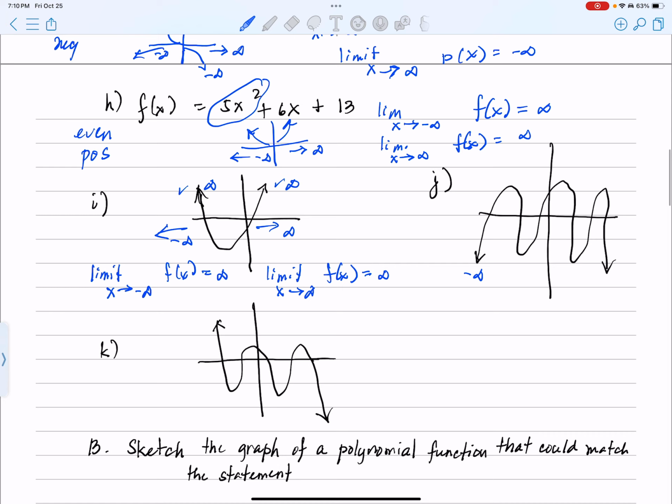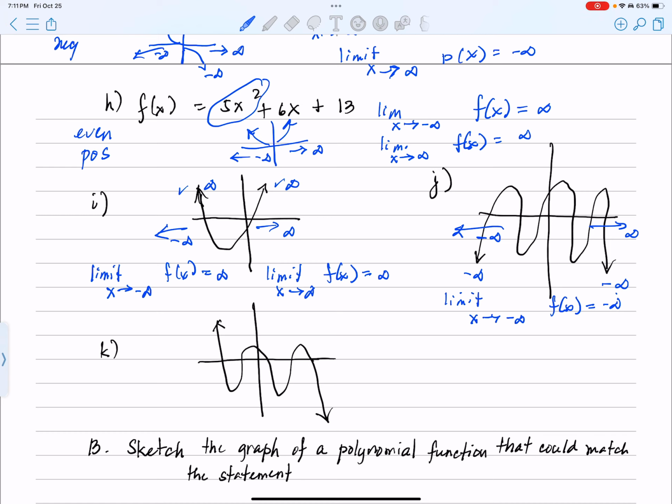Okay, let's look at letter J. Look at the end behavior. Both are facing down. Okay? That means if this is negative infinity, it's negative. Positive infinity, it's negative. That's it. So the limit as x approaches negative infinity, the function of x is negative infinity.